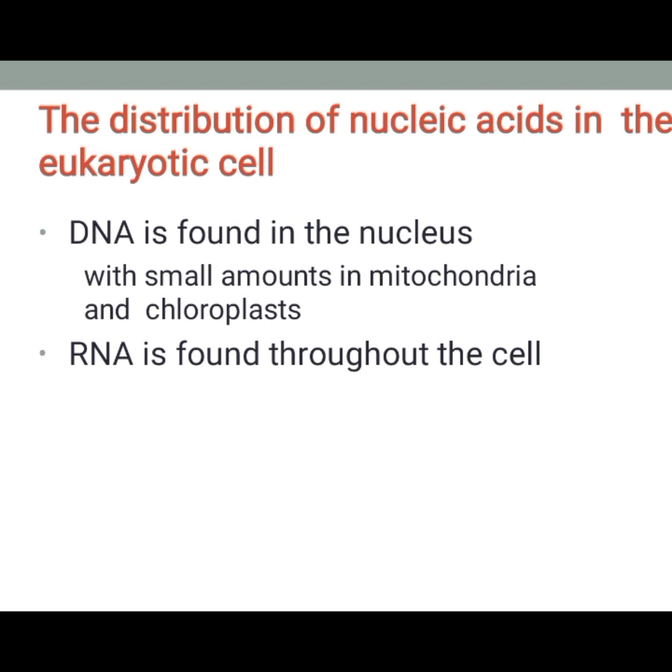DNA is present in the nucleus with small amounts in mitochondria and chloroplast. So it is mainly found in the nucleus, and the nucleus consists of mitochondria and all those things, so it will be present in those also. And RNA is found throughout the cell.